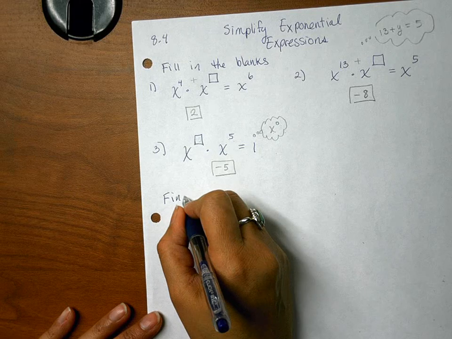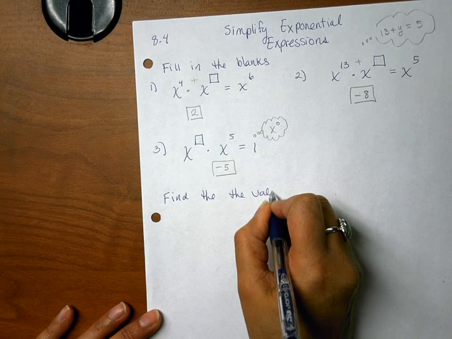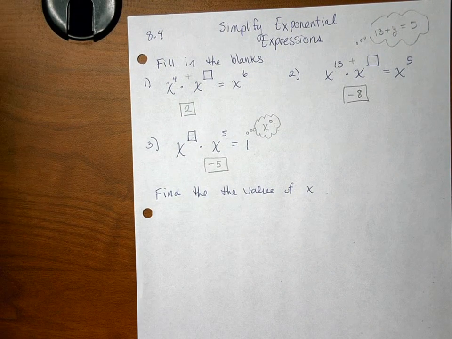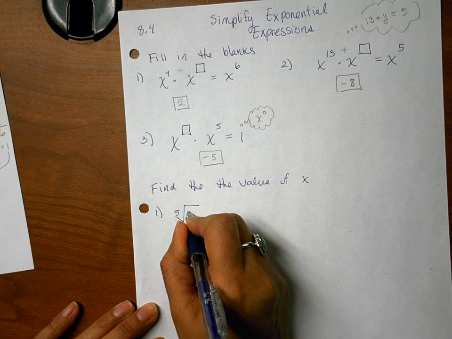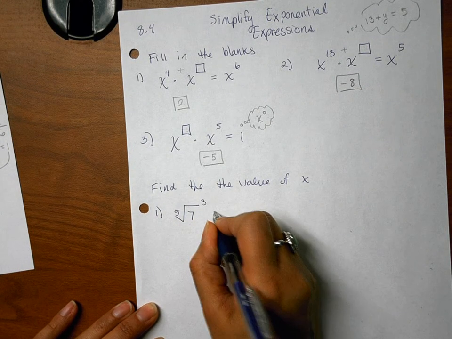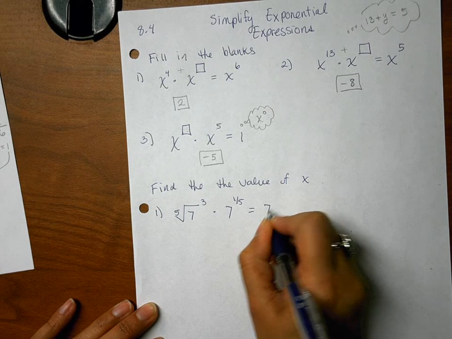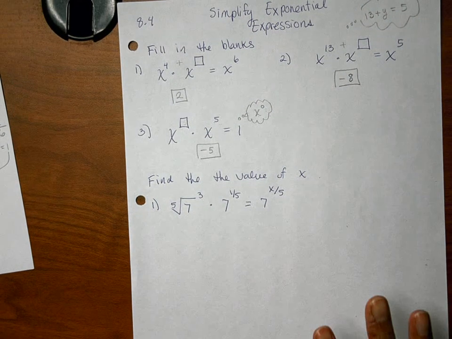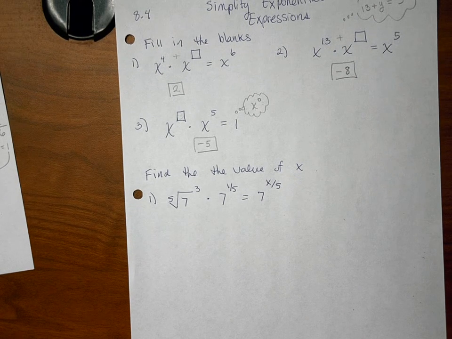Okay, next piece, find the value of x. Number 1. 5th root of 7 to the 3rd power times 7 to the 1/5 power equals 7 to the x over 5 power. Okay, so we want to solve this equation.